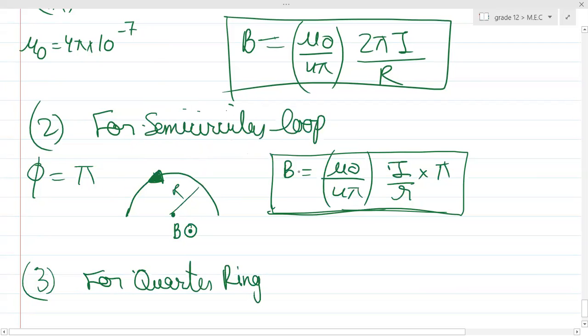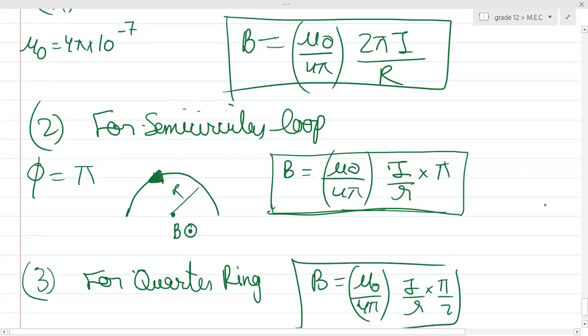And always remember, if there are more turns present, then you just multiply. Here there is no turn, okay? Here there is only one wire. If you turn it again and again, then one wire will cancel out the other's effect. So B is mu naught by 4 pi, I by R into pi. Why will it cancel out each other's effect?